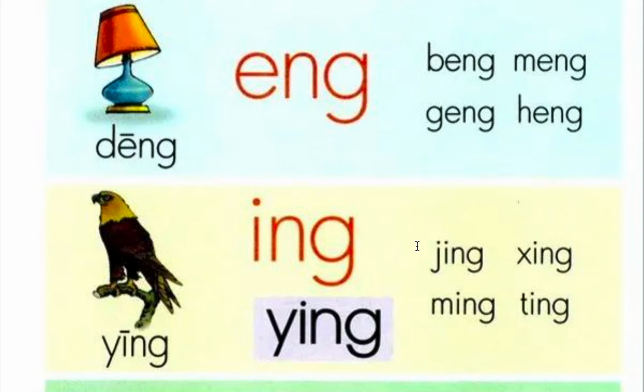Now let's look at the next. I and G, or ing. It's also a lot like in English. So let's try the four here. Jing, xing, ming, ting. And try to add the four tones. I will try with the last one, ting, here.